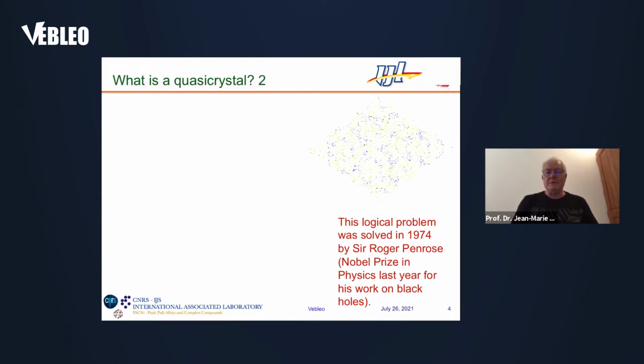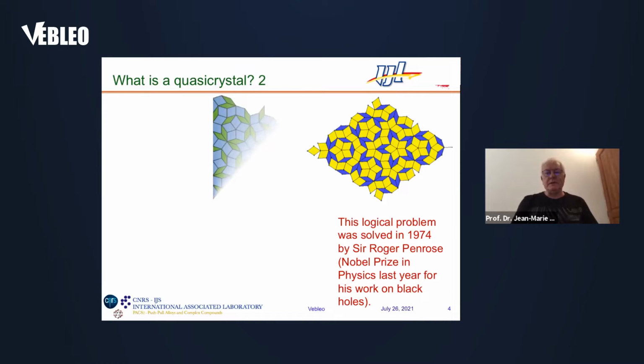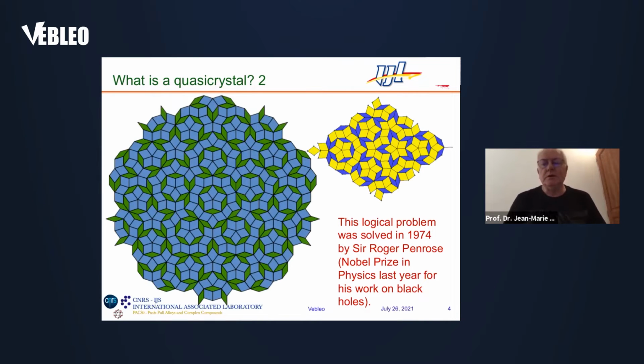by a famous scientist, Sir Roger Penrose, who received the Nobel Prize in physics for his work on black holes. But the way he solved this is too complex to go into details. I show you just a few examples which are known as Penrose tilings.